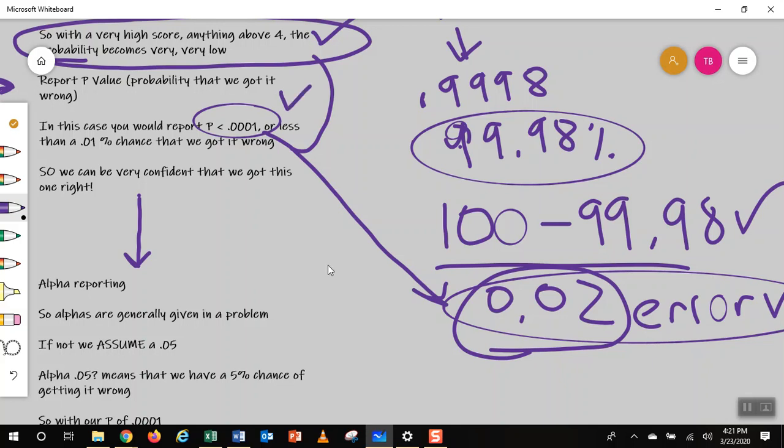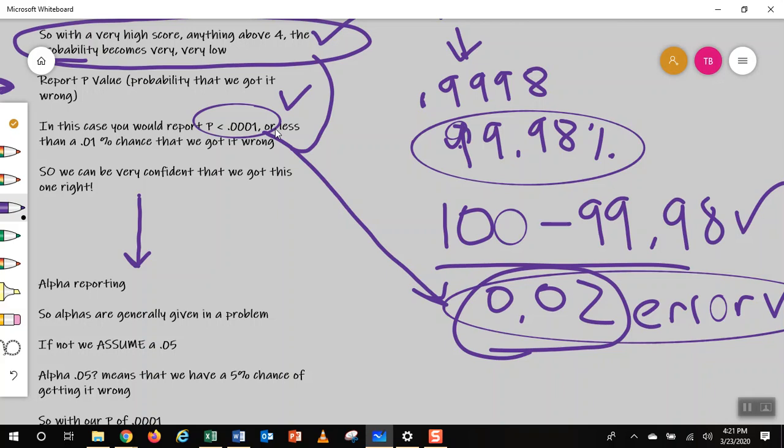So anytime you get above 4, this is going to be your answer. This is going to be the probability that you got it wrong. We don't calculate it any deeper than that because it's so small that it's almost unimportant.